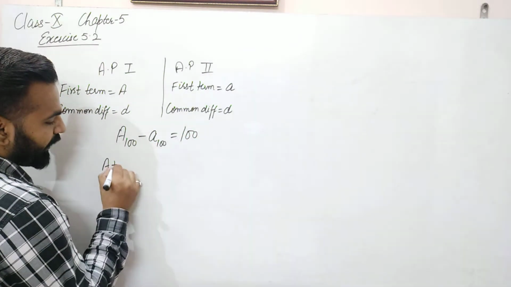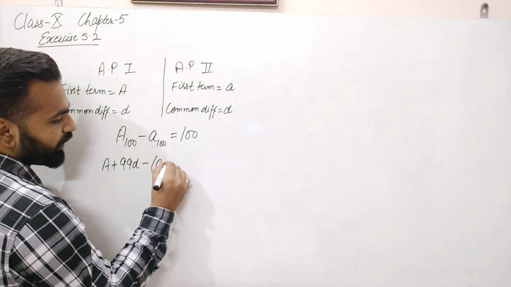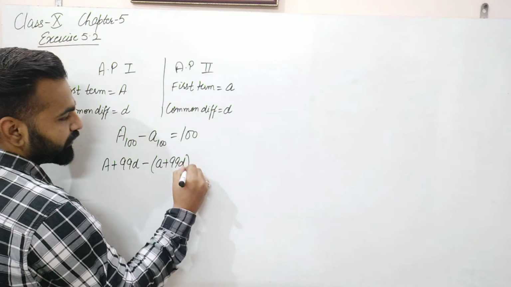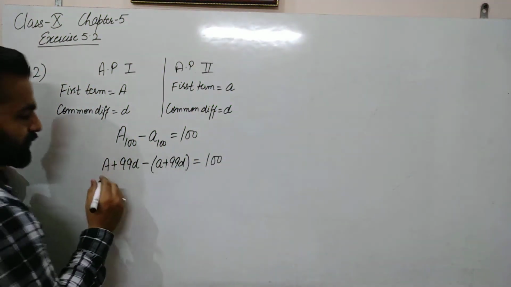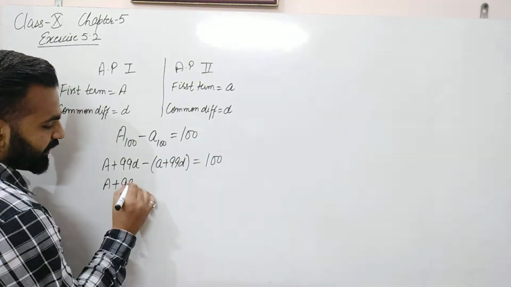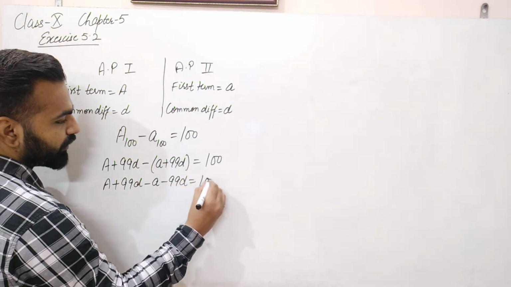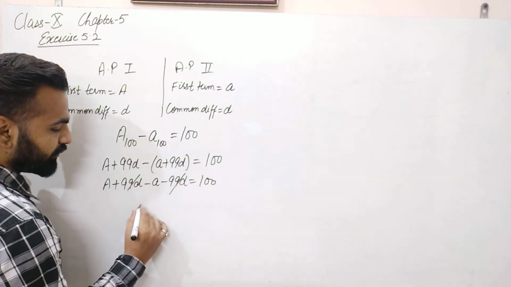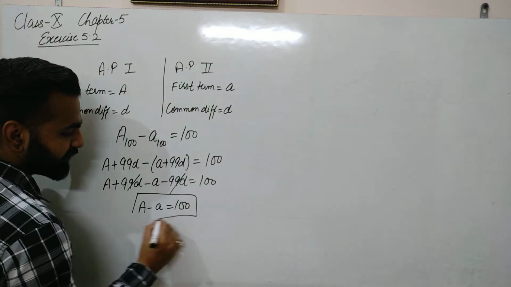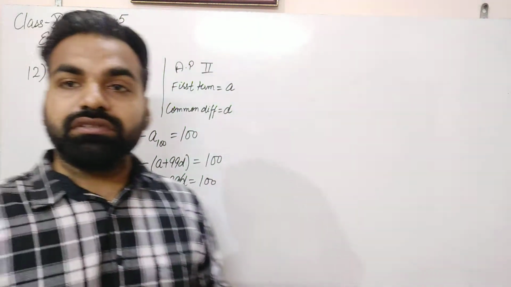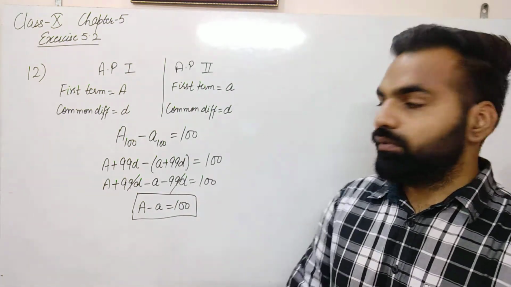This will be equal to A plus 99D and this is minus small a plus 99D, since D is same in the two APs. So signs will be changed here. Minus a minus 99D equal to 100. So this will cancel out. From here we can say that difference between their first terms is 100. Capital A minus small a is equal to 100.